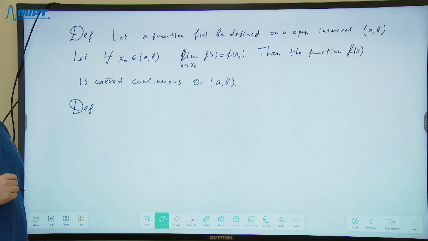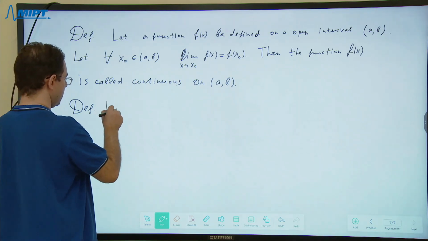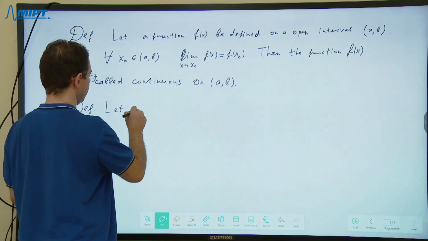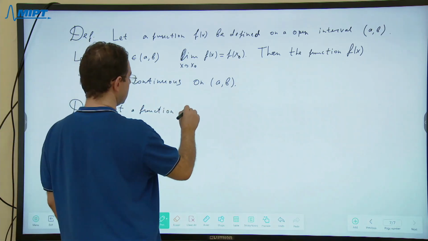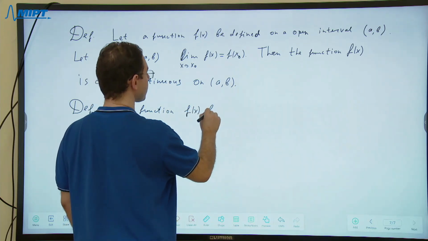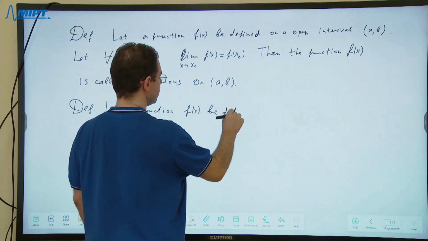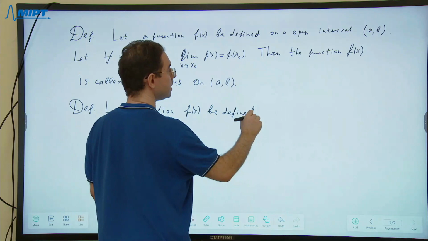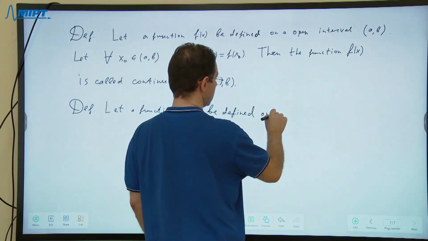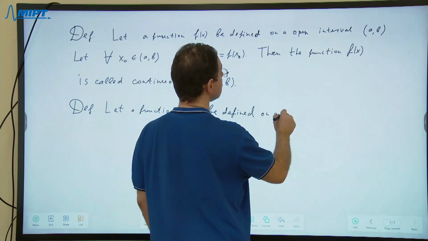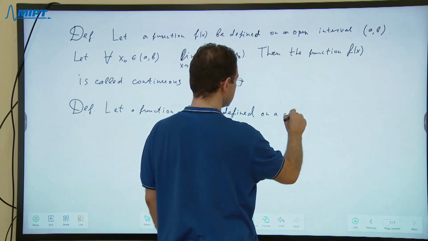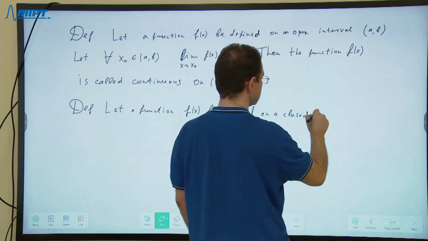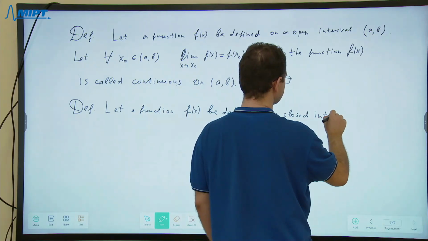It's a bit different on a closed interval. So let a function f of x be defined on a closed interval.